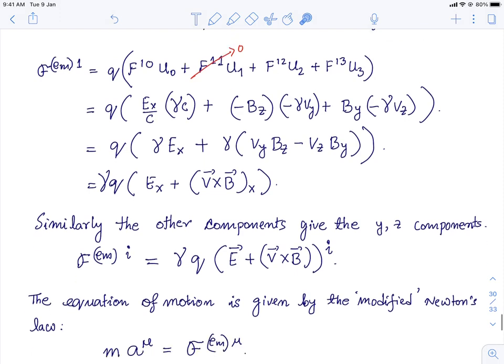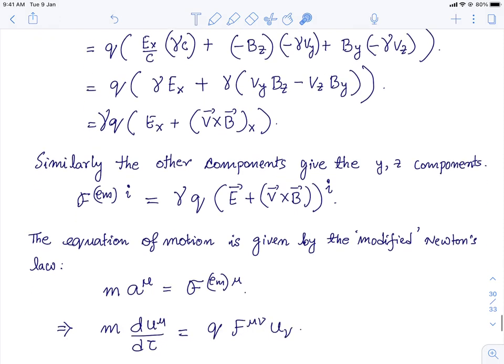To answer that question, we have to look at Newton's laws. In our discussion of the free particle in the previous lecture, Newton's law for the free particle was mass times 4-acceleration equal to 0.